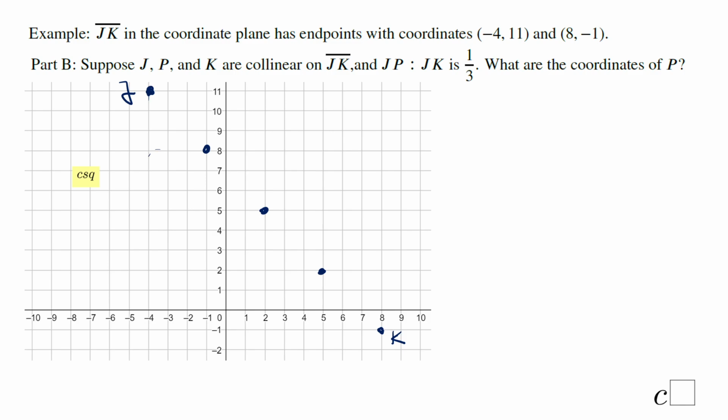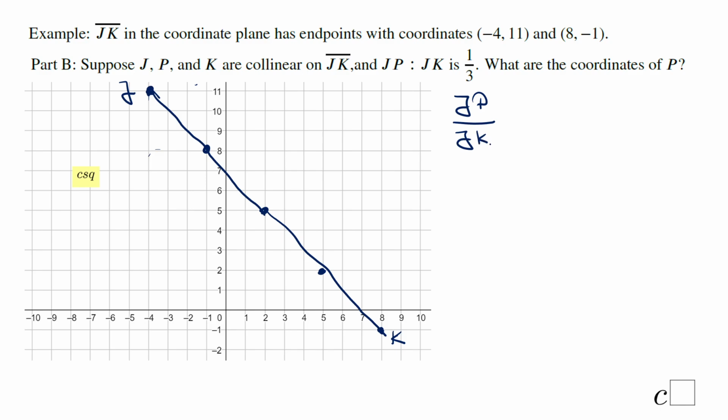And now we need to find JP over JK is 1 over 3. Okay, so we have a problem here. Let me just try to do the segment, since we did that. Okay, so JP over JK.